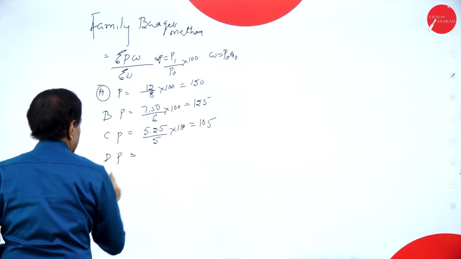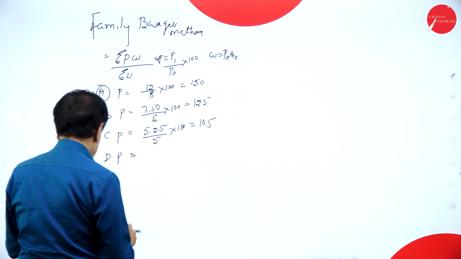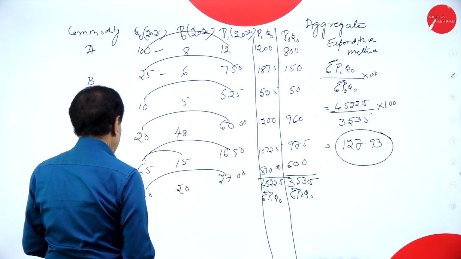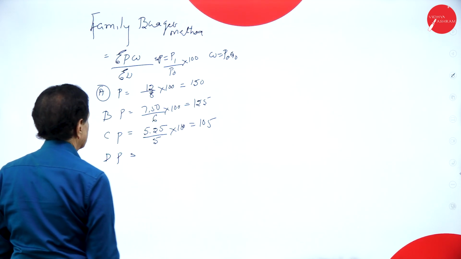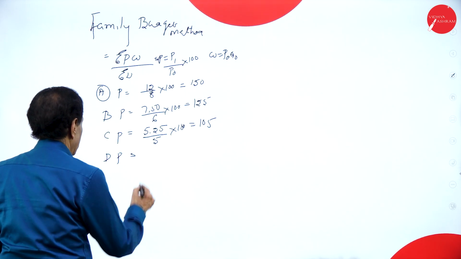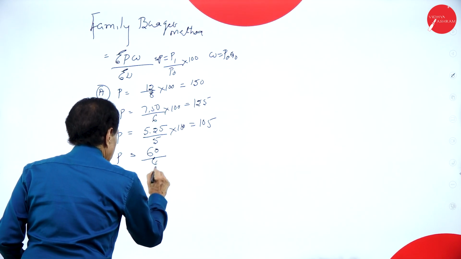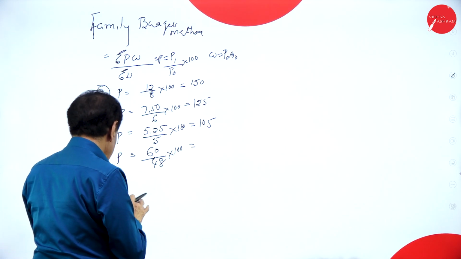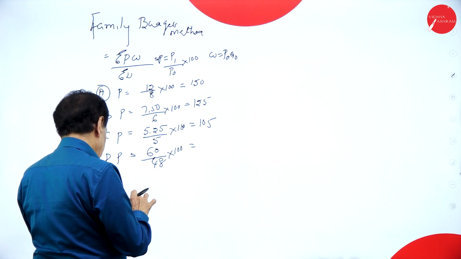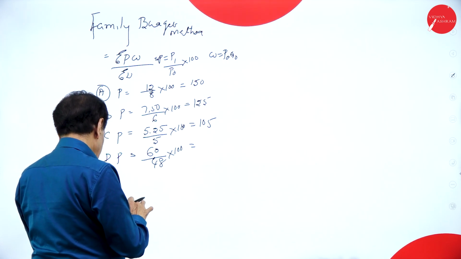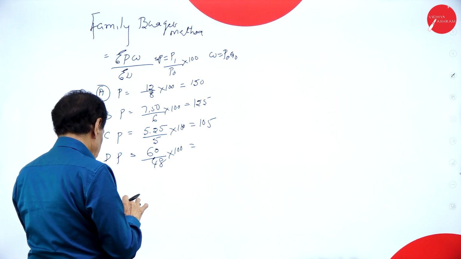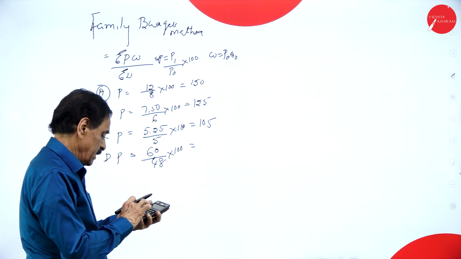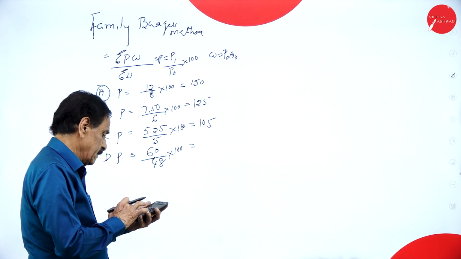D. P is equal to 60 divided by 48 into 100.